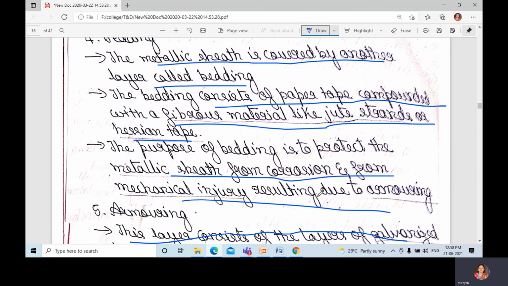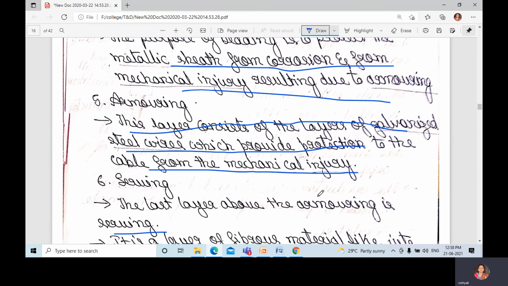And next is the armoring. Armoring consists of layers of galvanized steel wires, which provide protection to the cable from mechanical injury. While laying underground and during transportation, some damage can happen to the cable, so we need to avoid that.